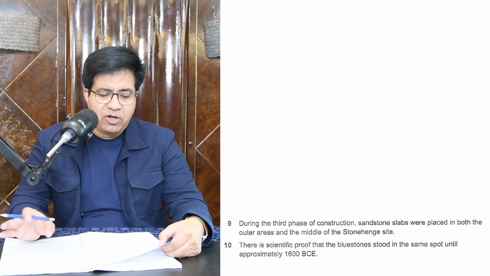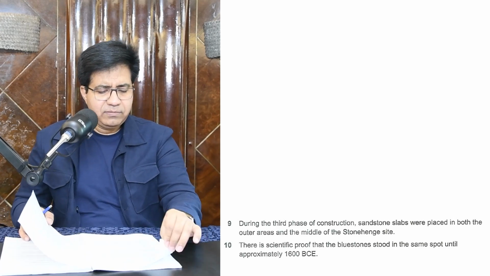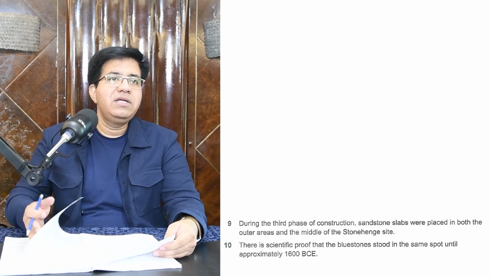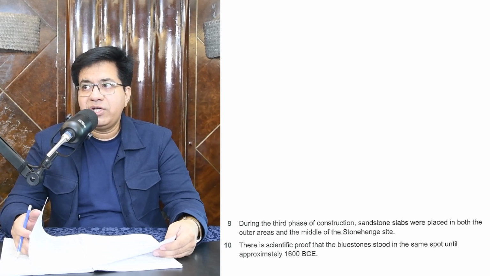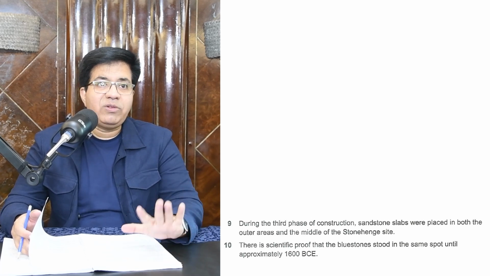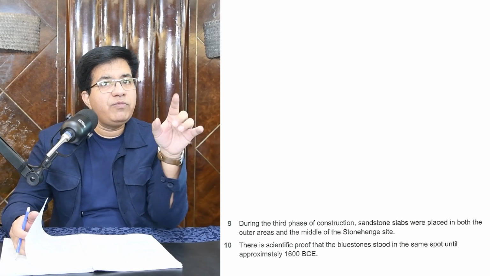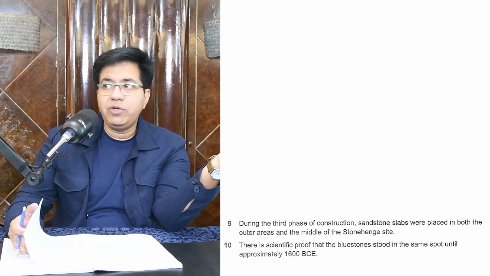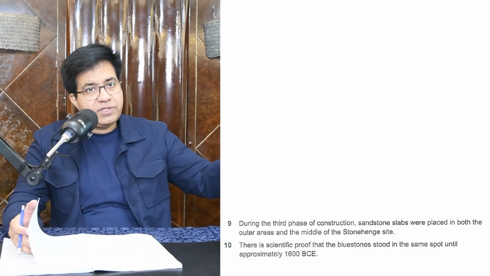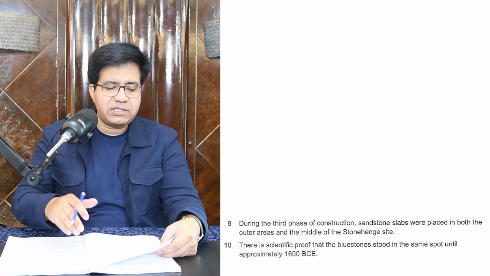Let's go back and see where they talk about the third phase. Look for third phase. Second page, first paragraph, the third phase. Now this is the location, and by the way, you will find all the answers in order from here onwards. You don't need to read all the passage, just from here onwards, sequence wise, you will find all the answers.